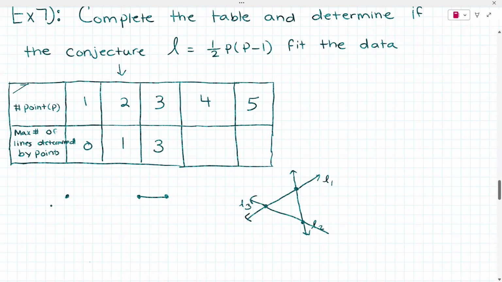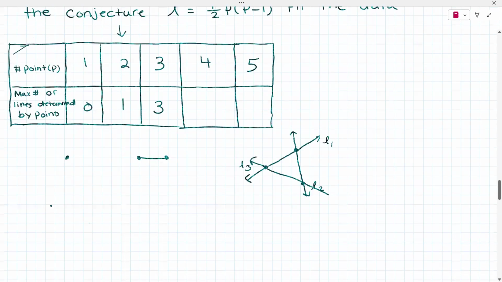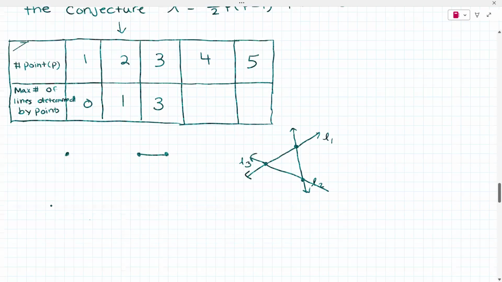What about 4 points? How many lines can you make? So let's see here. If I put dot 1 here, and then dot 2 there, and then a dot here, and then a dot there, connect the dots. This would be line 1.